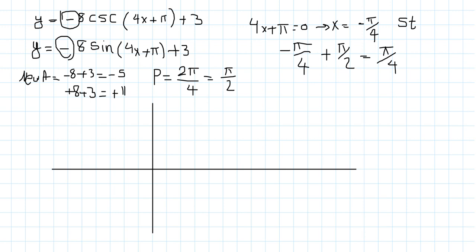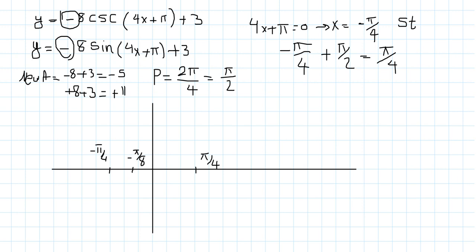Okay, suppose that here is minus pi over 4 and here is pi over 4. If you check, I have a point here, minus pi over 8.